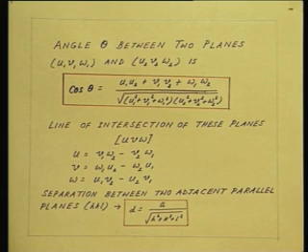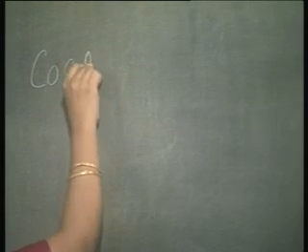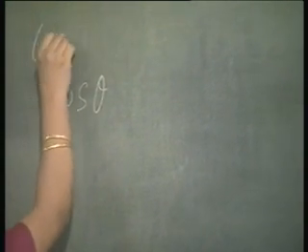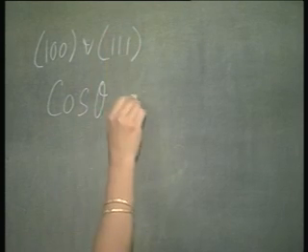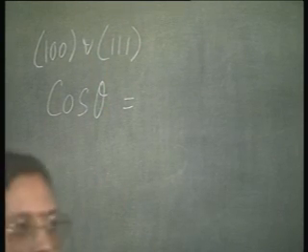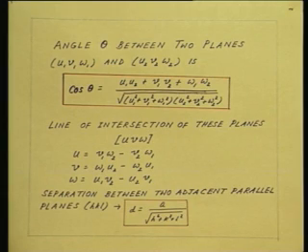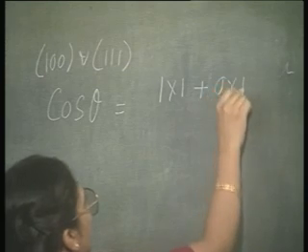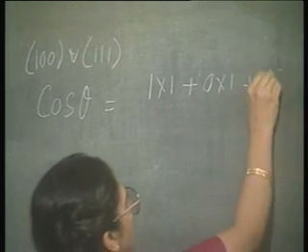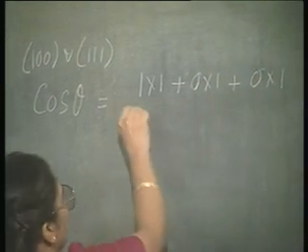So, if you work out, cos theta will be given as u1 u2 plus v1 v2 plus w1 w2.